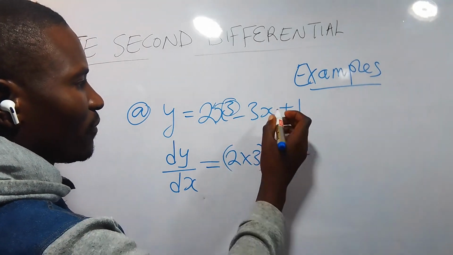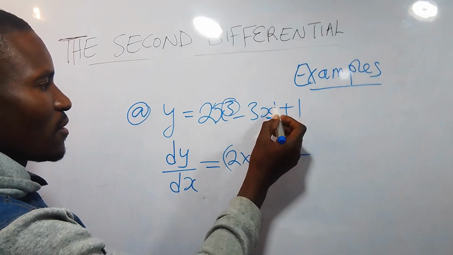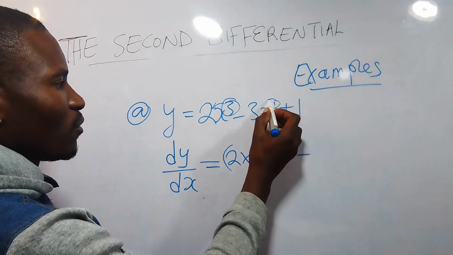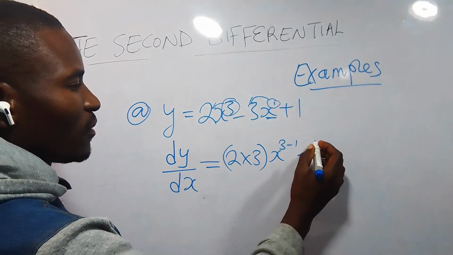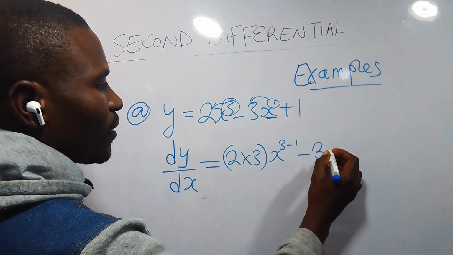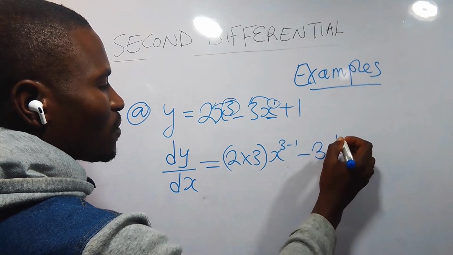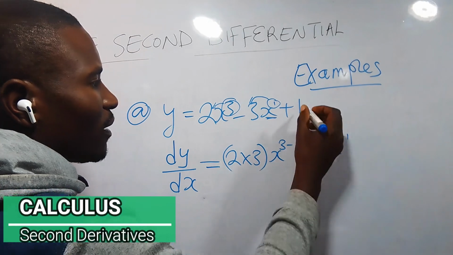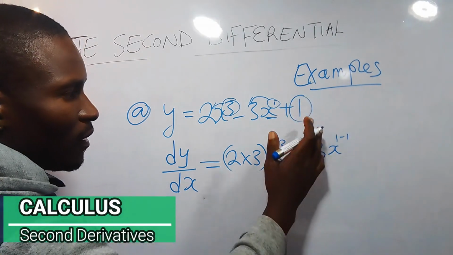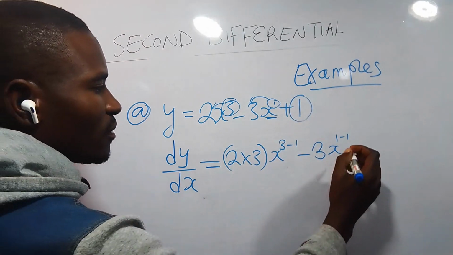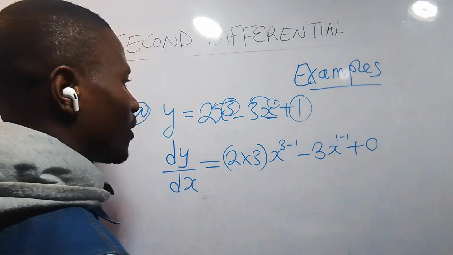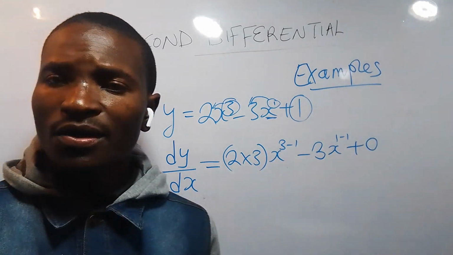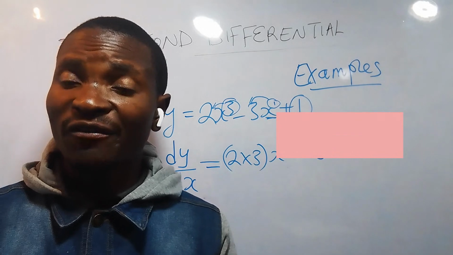On this x there is a power 1, so 1 multiplied by 3 gives 3, and then x, and this power 1 reduces by 1. Then the constant becomes just 0. Those are the basic things that you have to understand.